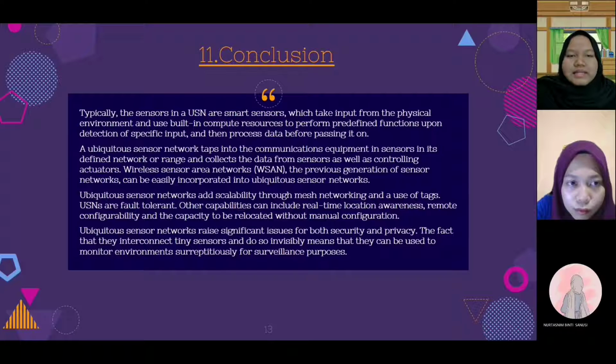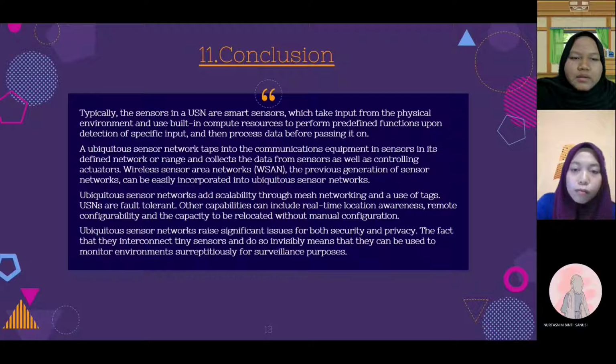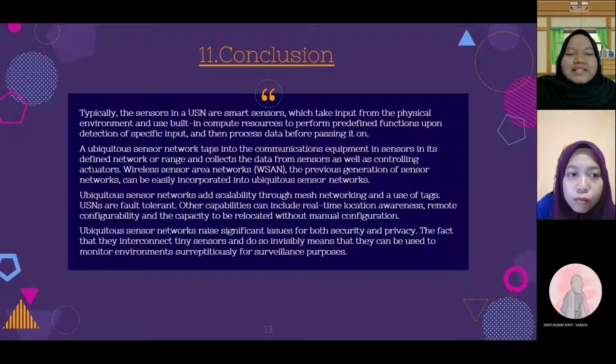Ubiquitous sensor networks tap into the communication equipment in sensors in their defined network or range and collect the data from sensors as well as controlling actuators. Wireless sensor and actuator networks, WSAN.